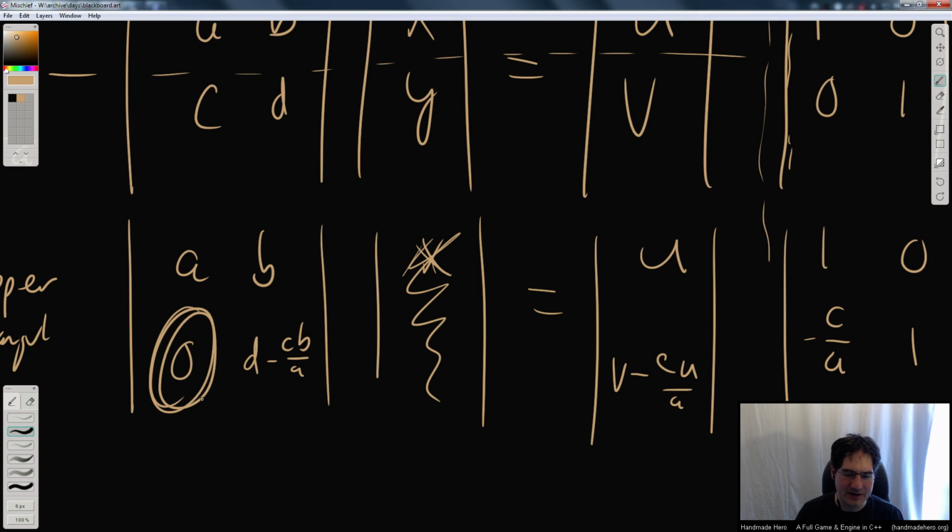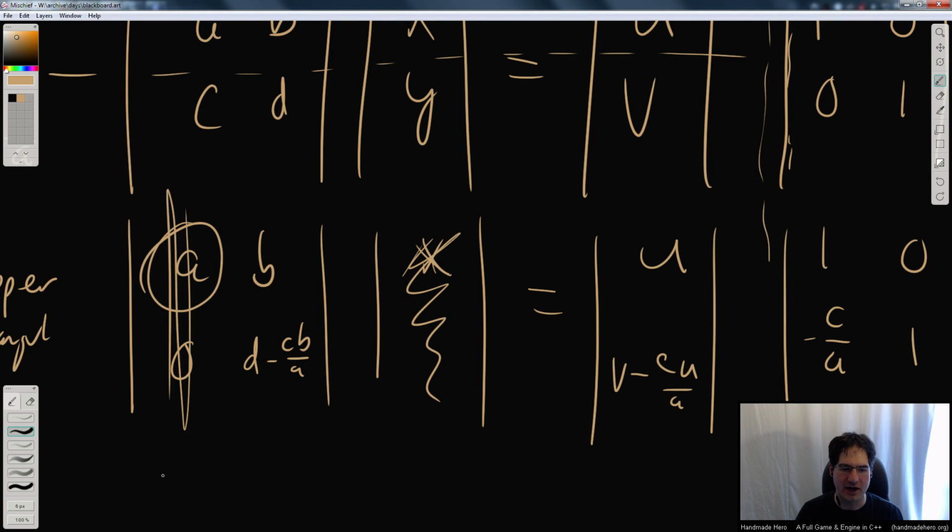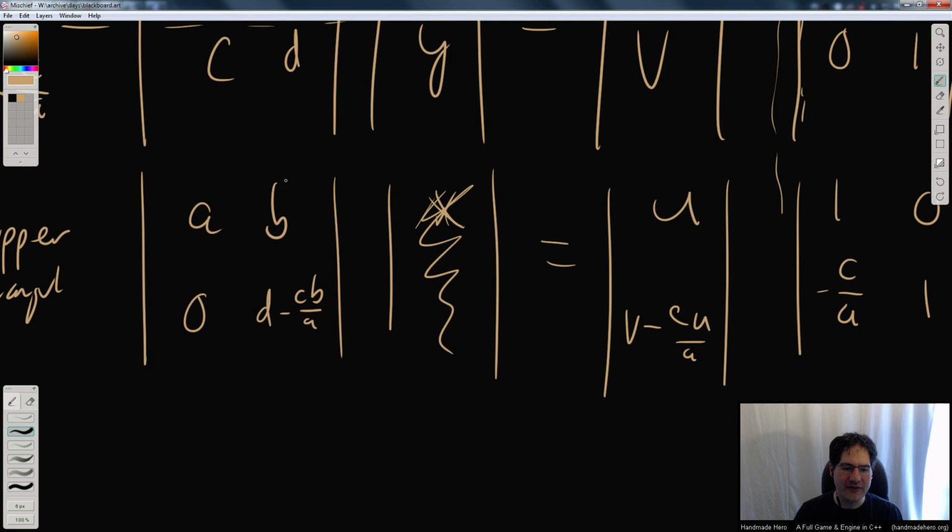Because now that it's got a 0 here, we can use it to eliminate things without touching the other column, right? So if I now take b and divide b by this value and subtract that, I would finish eliminating.